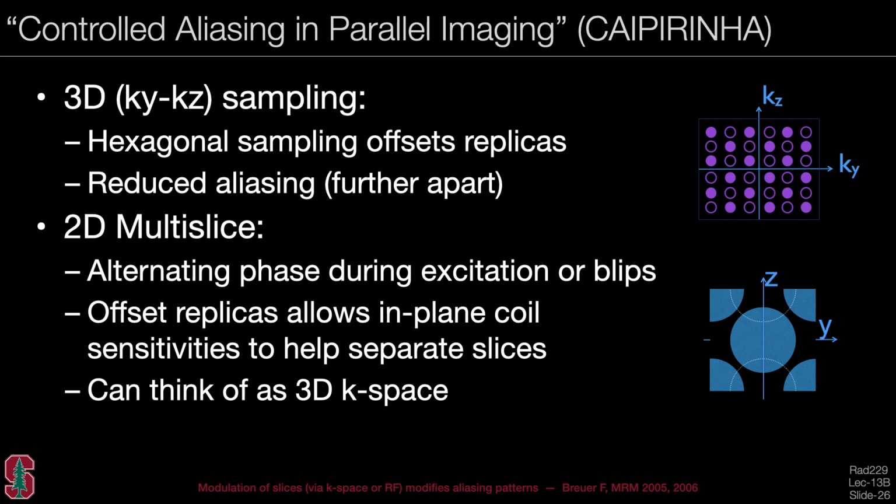But right now, they're not even overlapping. So this is helpful for doing parallel imaging, because you're more likely to have successful anti-aliasing when the objects that are aliased are further apart, because you're more likely to have a better coil sensitivity difference between those locations. Okay.